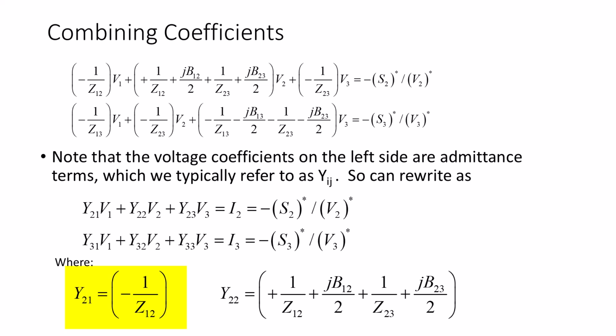In the case where i is equal to j, the admittance is the summation of the line and capacitive admittances. So for example, Y22 is the sum of admittances for elements connected directly to bus 2. Note that on the right side of the equality we have a bus injection current. In the case of constant power loads, this is minus the conjugate of load power divided by the load voltage. Since this injected current is inversely proportional to voltage, what we have here is a nonlinear set of equations.